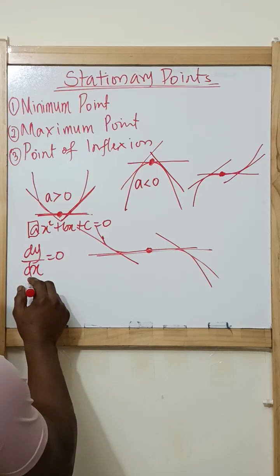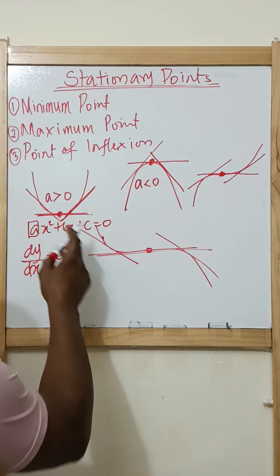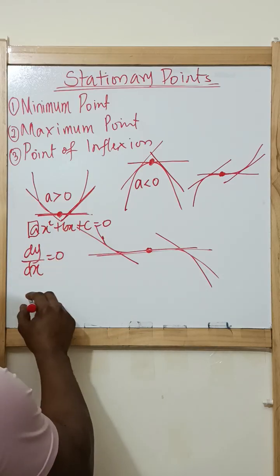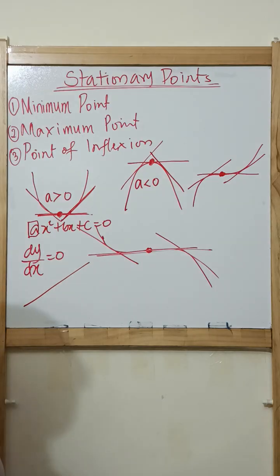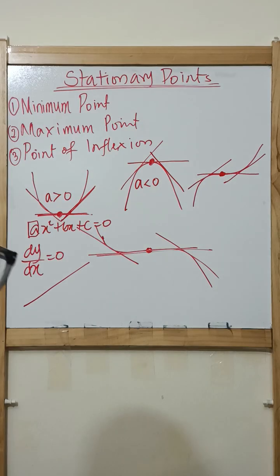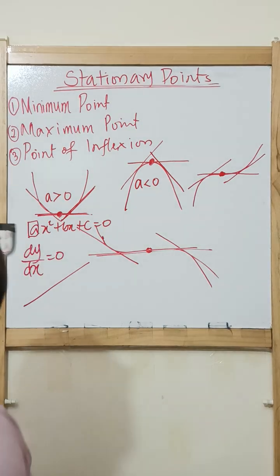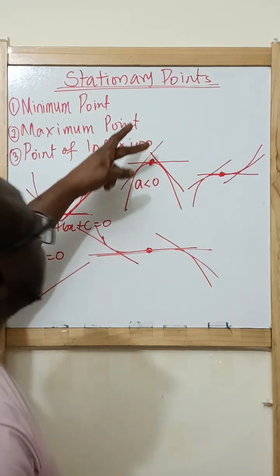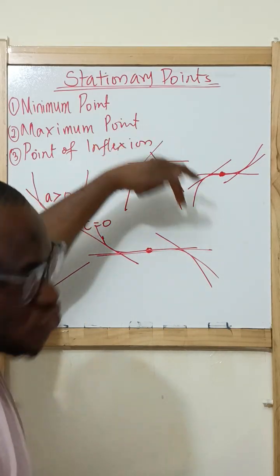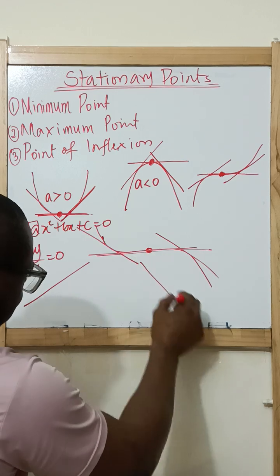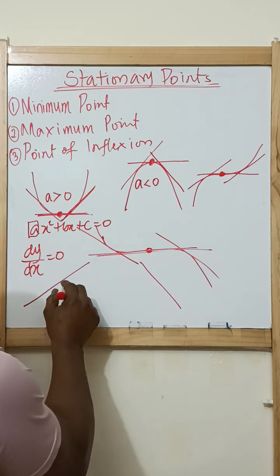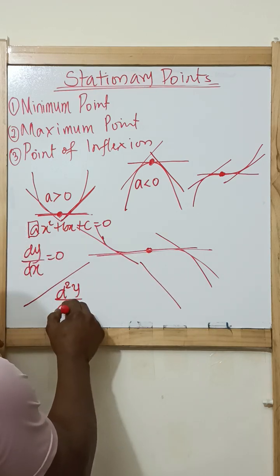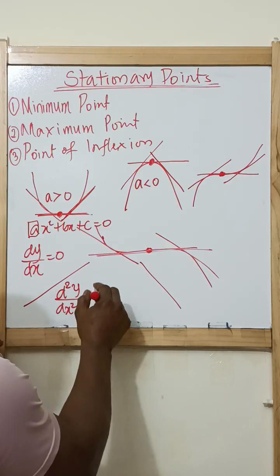From negative through 0 to positive means it is increasing. When something goes from negative to positive, it is increasing. But for this one, it's going from positive through 0 to negative, which means it is decreasing. If we find the d2y/dx squared of this one, it is going to be positive.